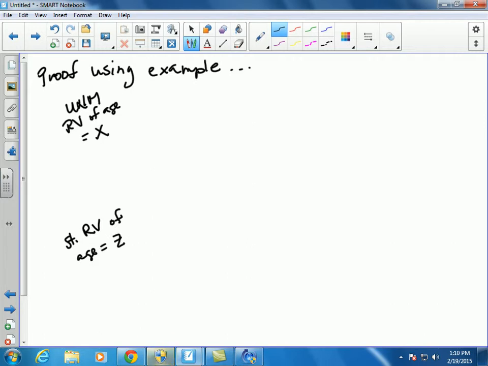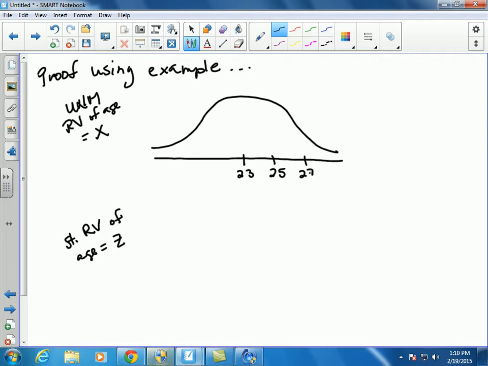Here's the first one. The mean is 23, then we have 25, 27, 29, then 21, 19, 17. What I'm going to do is turn that into the standard normal curve by computing a z-score for each one. It's the exact same graph.